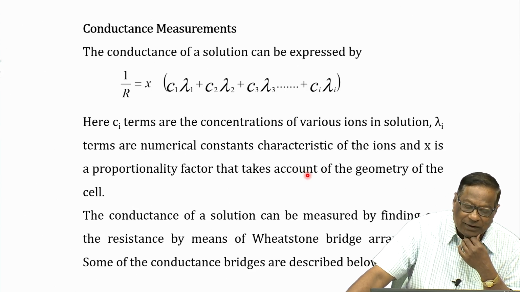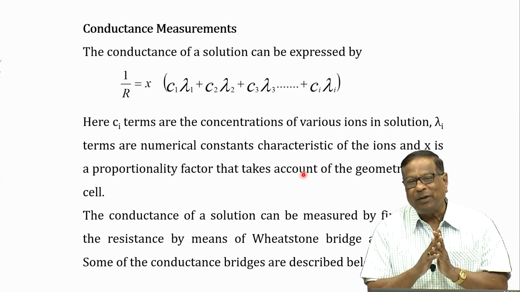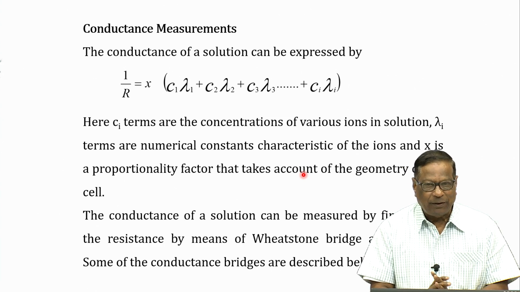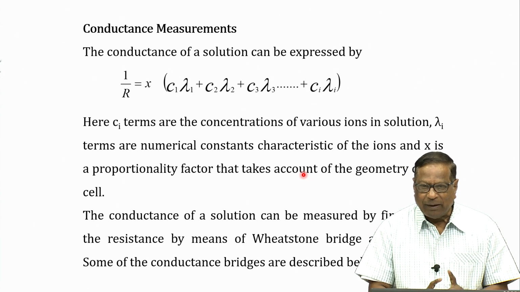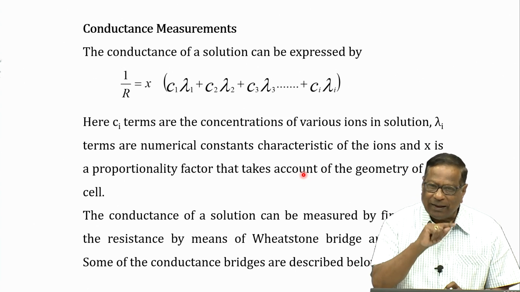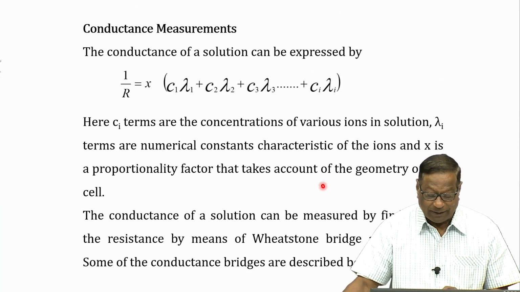That is very important. So, geometry of the cell is dependent upon how we are constructing our measurement unit, our electrochemical cell, whether they are exactly 1 centimeter apart, whether they are exactly 1 square centimeter cell or 5 square centimeter cell, etc. Calculation part will come later.